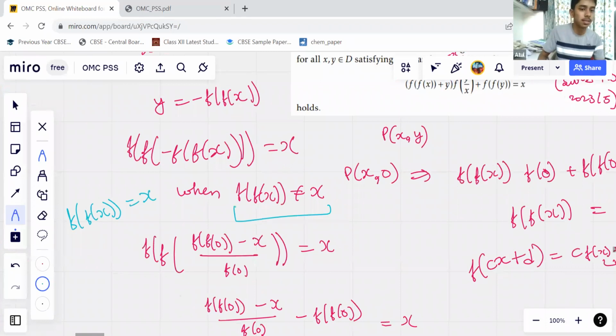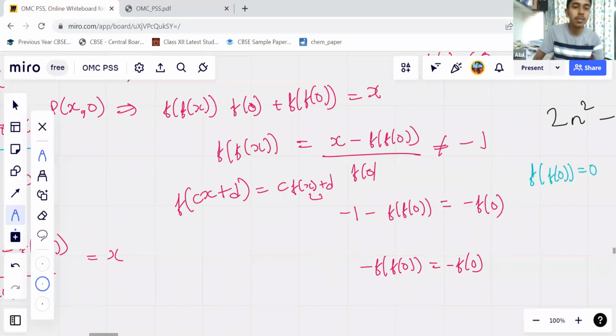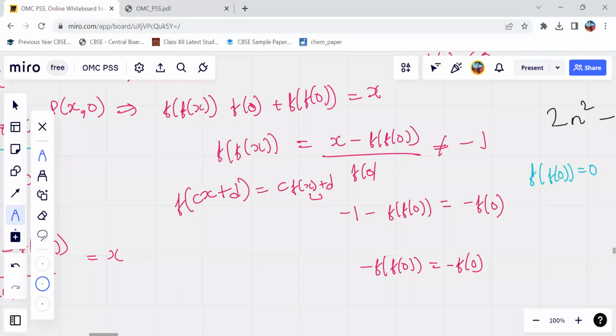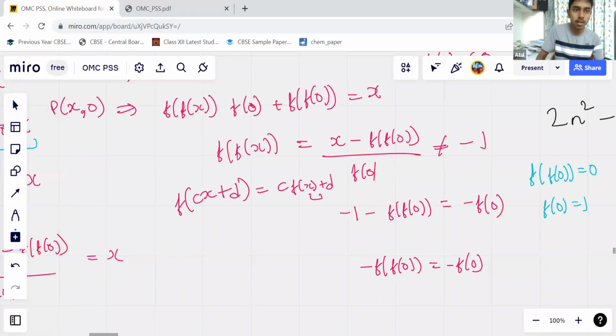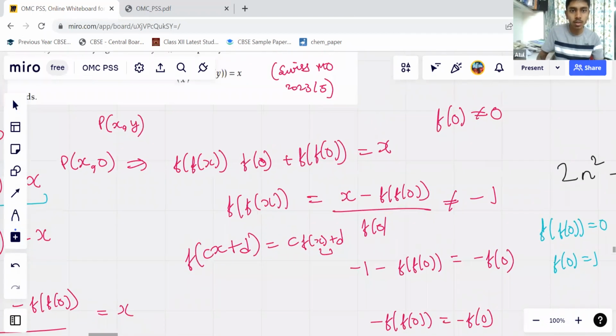This is just for x not equal to 0 and minus 1. This equals x. So we know f of 0 is 0. So in fact, f of 0 is 1 and f of 1 is 0. Okay, so we know f is an involution.